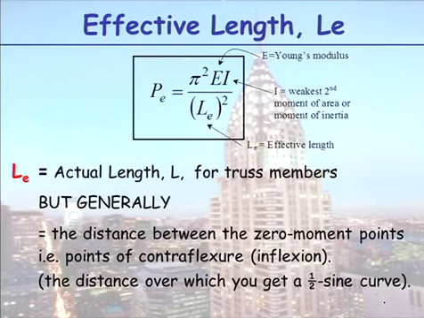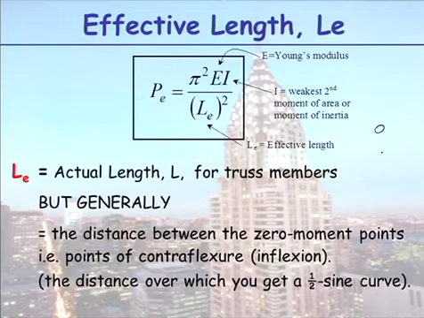So come this way. And the reason for that has got to do with the effective length. So in this formula here, LE refers to the effective length. For trusses, for your project design, the effective length is the truss length.